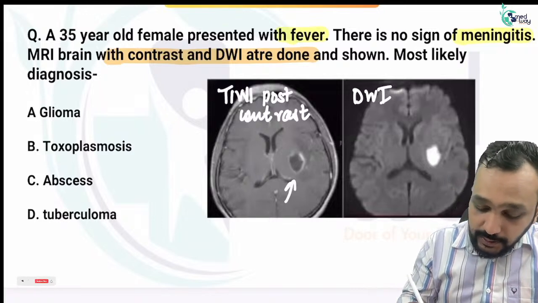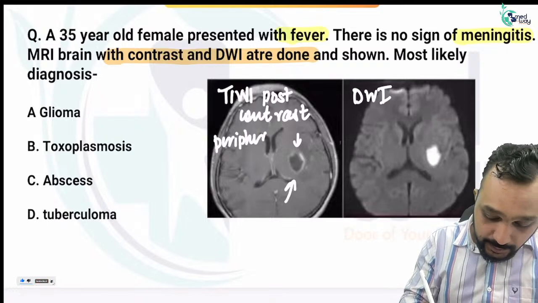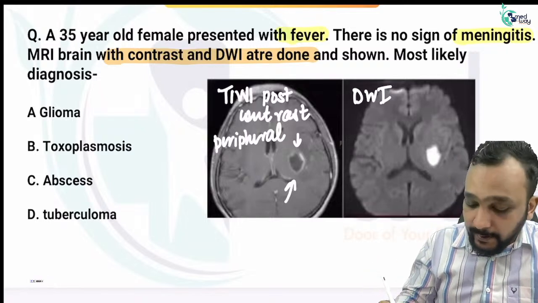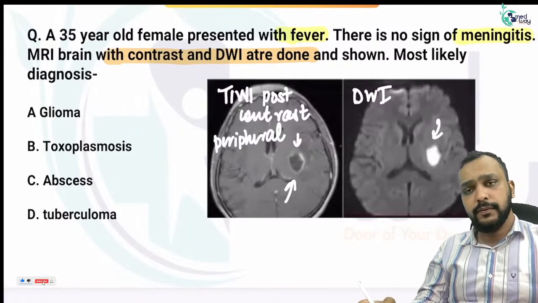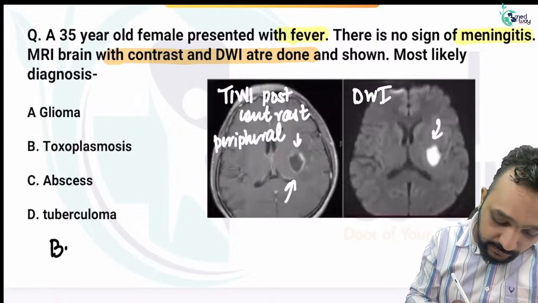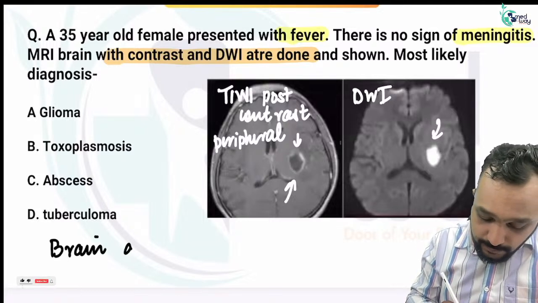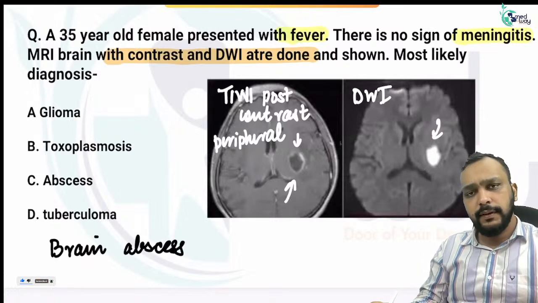On the post contrast image there was peripheral enhancement within the lesion, and this lesion is showing restricted diffusion. So guys, all these are characteristic features of brain abscess.